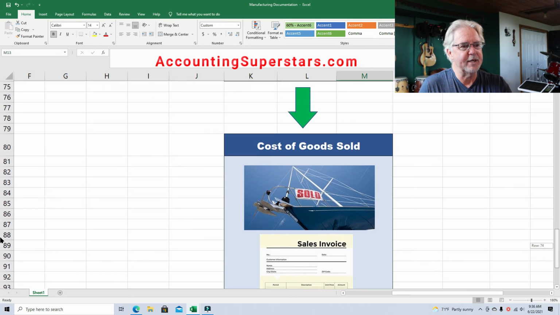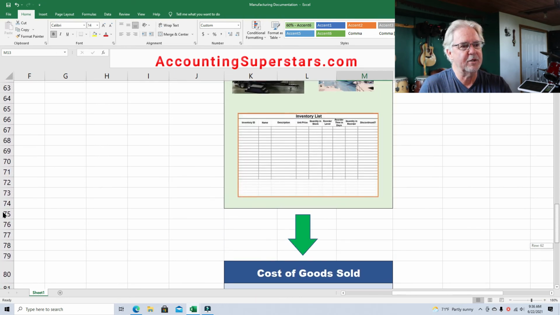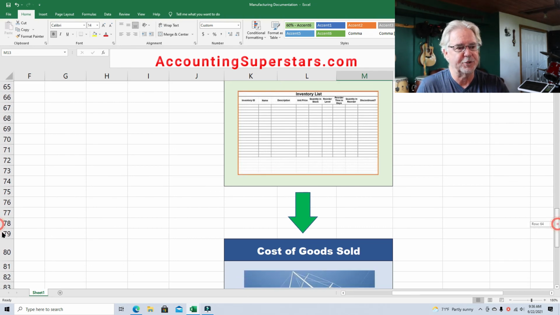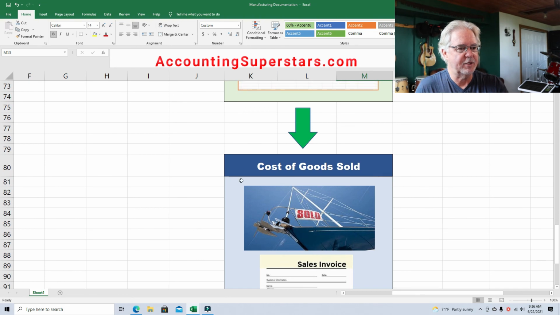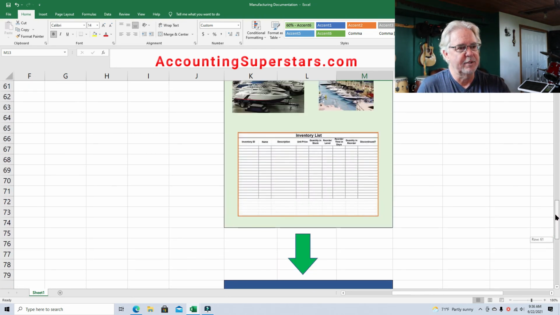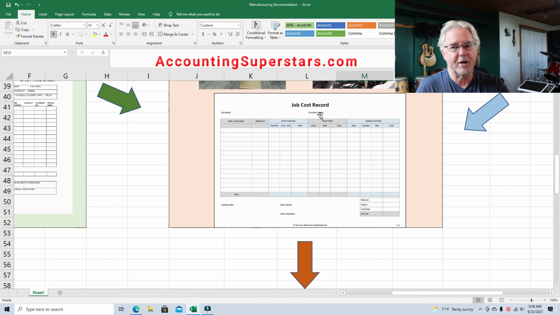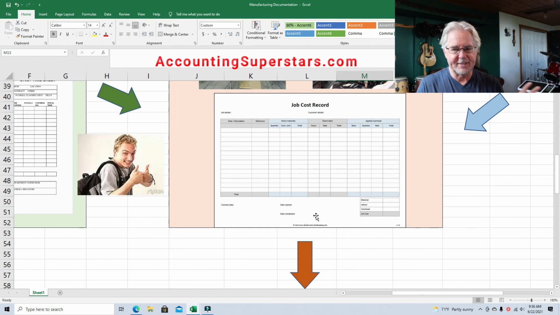And the internal records here will have on here how much it cost to build it. So that way they can figure out the cost of goods sold. And that's why I have this cost of goods sold. It's based on the cost. So it's based on the inventory records here, which are based on the job cost records once the product is finished. So it's one big continuous thing. It's really cool how it works.